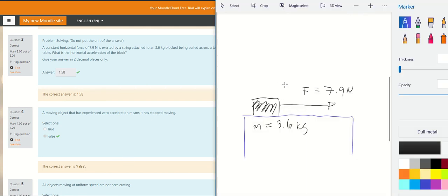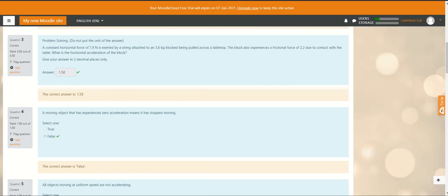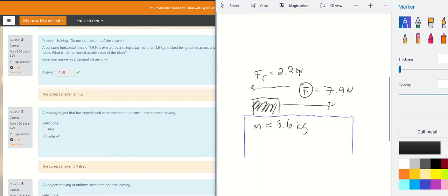The frictional force is anti-parallel to the force applied. This is the force applied, and the frictional force is 2.2 newtons. Assume that everything going right is positive.